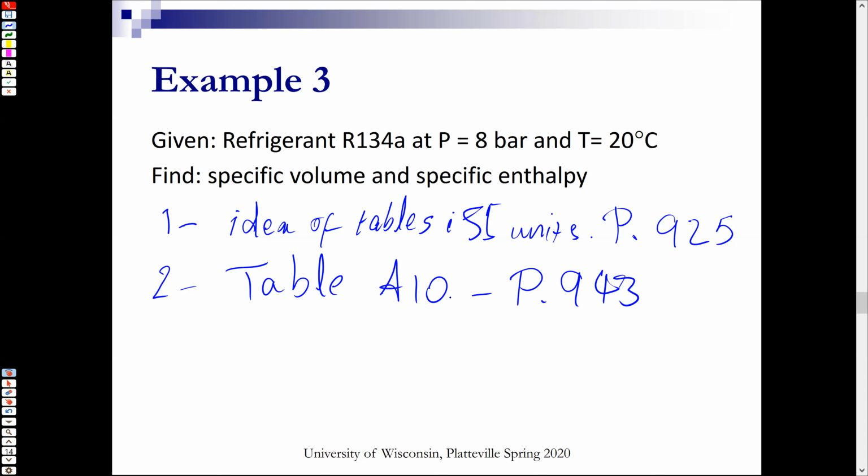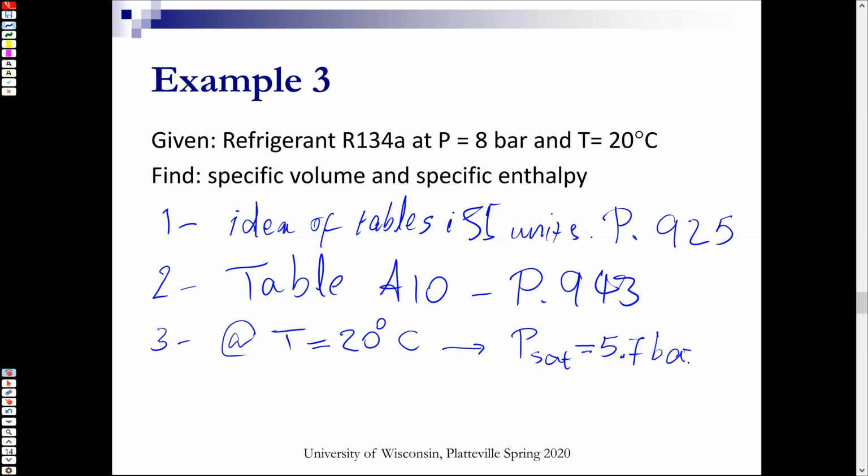Okay, step 3. So at T equals 20 degrees Celsius, we found that P saturation was 5.7 bar, which is less than 8 bar. And it means that we have subcooled liquid.